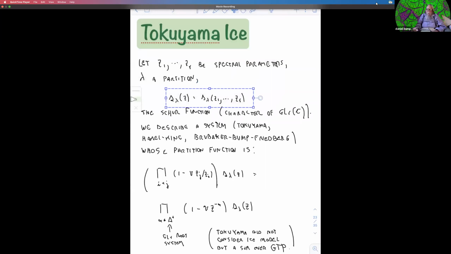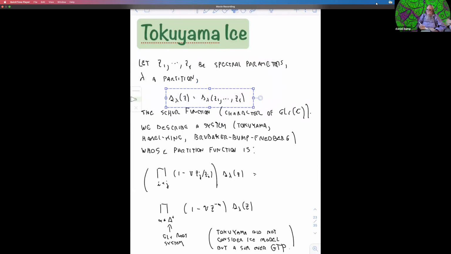This can be thought of as being a character of the group GL(r, C). If you take a Schur polynomial, fix a partition, take the Schur polynomial, plug in the eigenvalues of an element of GL(r, C), you get a value, and that's a character of an irreducible representation.